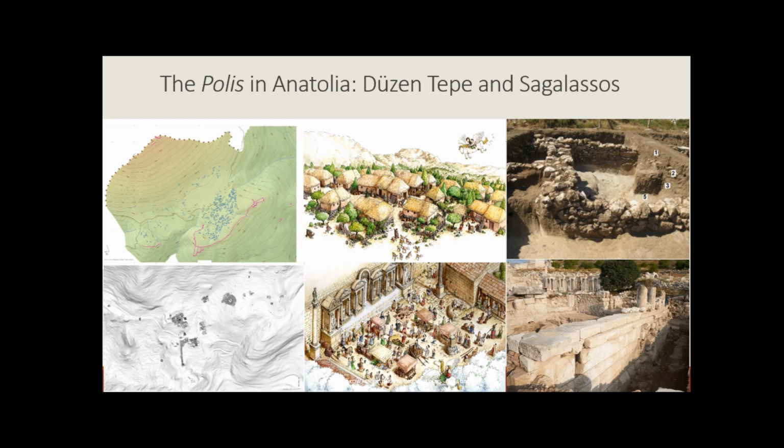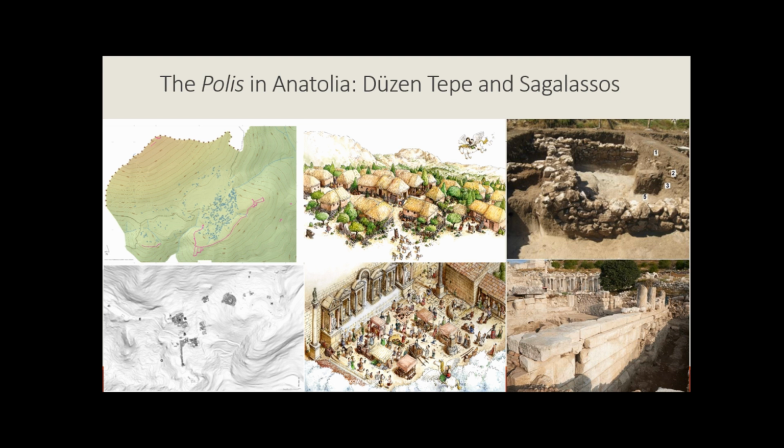Whereas at the same time, Sagalassos, which originated at the same time, was also very much a village community. So we have a cartoon impression of the village based on the archaeological evidence that we have. But Sagalassos itself developed into a more monumental center right at the time when Tuzentepe was abandoned, so around the late 3rd, early 2nd century BCE.